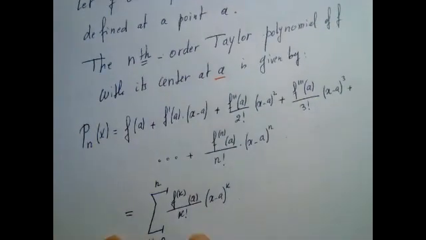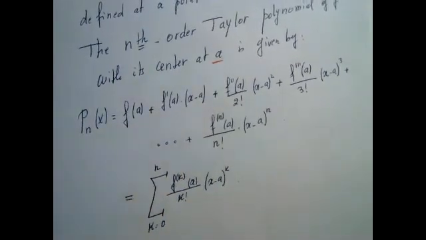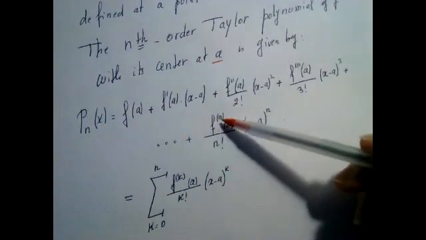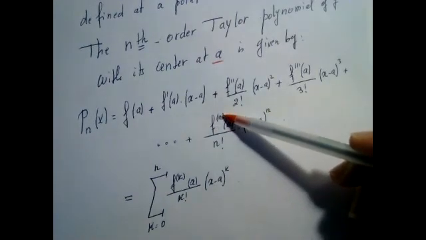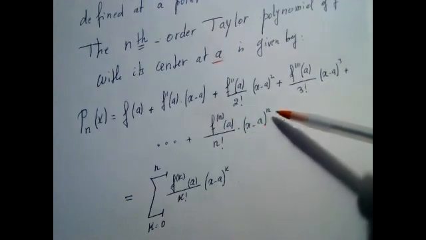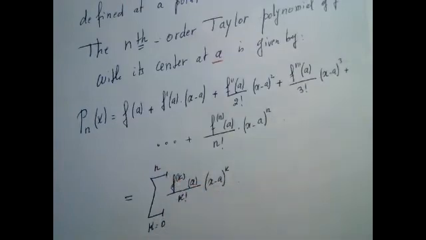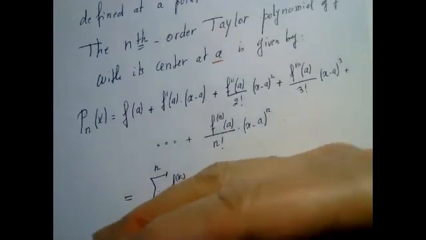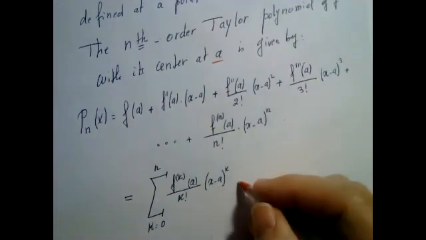And in sigma notation, this is going to be given by this expression, because in sigma notation, the general term has the form: the kth derivative at A over k factorial, x minus A to the power k. And the sum is from 0 to n. Okay. We're going to call this the Taylor polynomial, as I said, its goal is to actually hug the function, approximate the function. I stop right there.